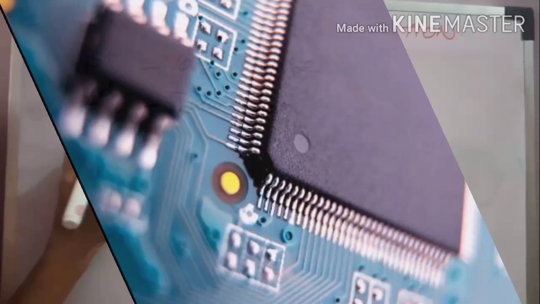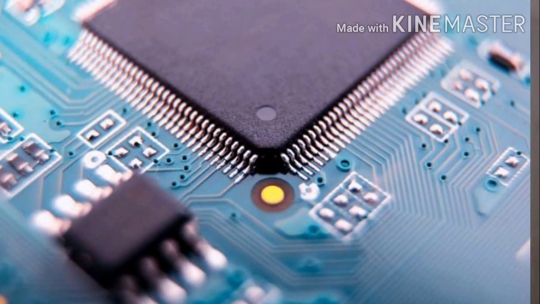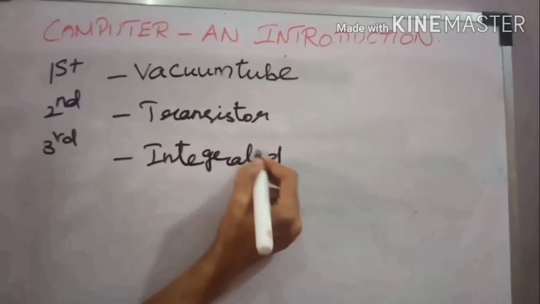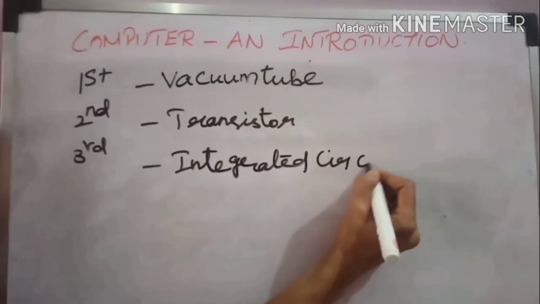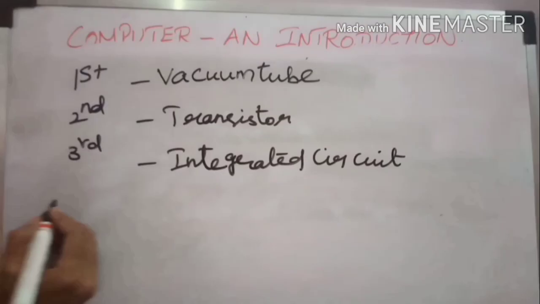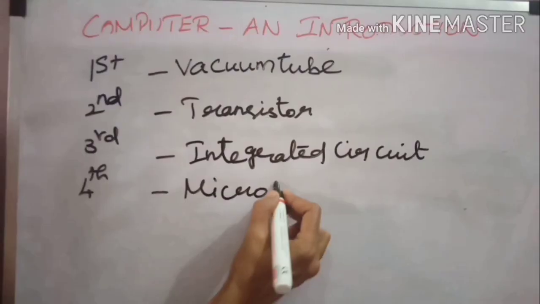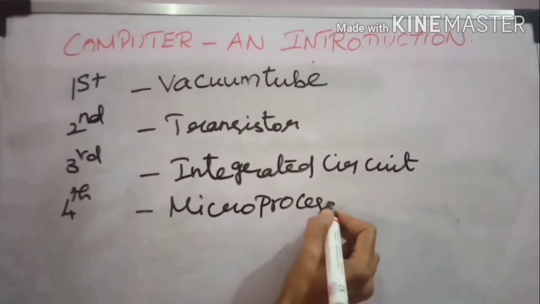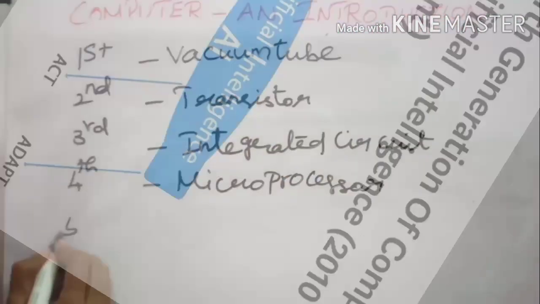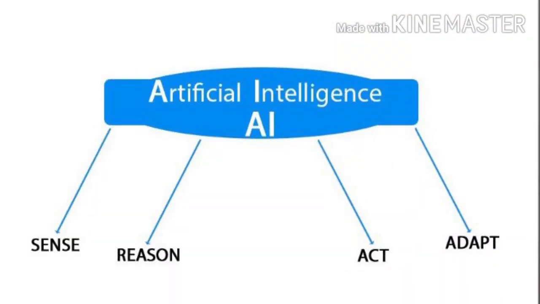In the third generation computer, they used integrated circuits. In the fourth generation computer, they used microprocessors. And in the fifth generation computer, they used artificial intelligence.